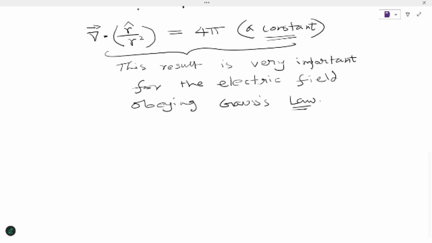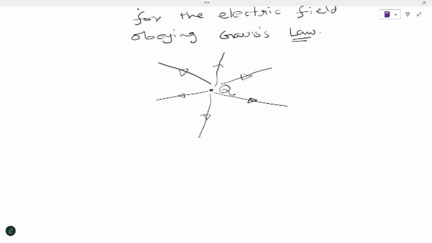Let's suppose there is a point charge of capital Q here, and around this capital Q, the electric field is radially outward.